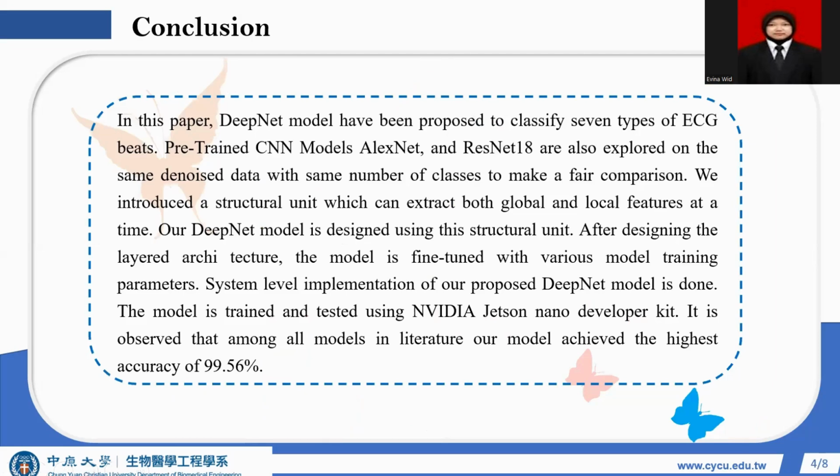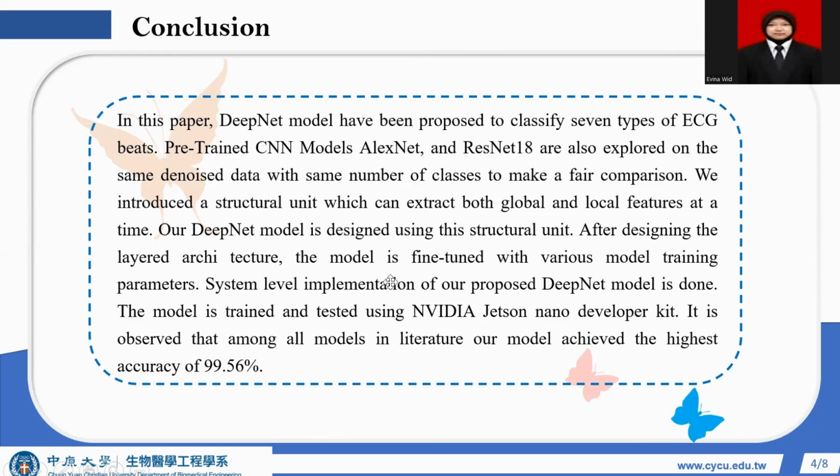So the conclusion is, in this paper, a deep model has been proposed to classify 7 types of ECG beats. Pre-trained CNN models AlexNet and ResNet are also explored on the same denoised data with the same number of classes to make a fair comparison. We introduce a structural unit which can extract both global and local features at a time. Our DeepNet model is designed using this structural unit.